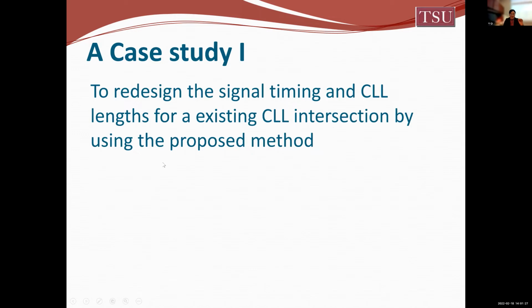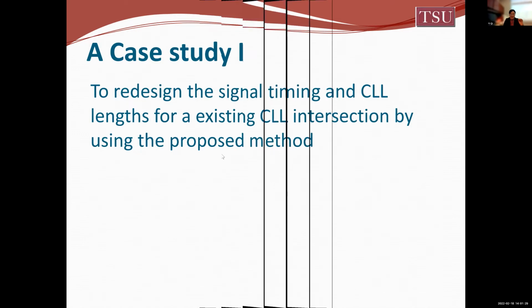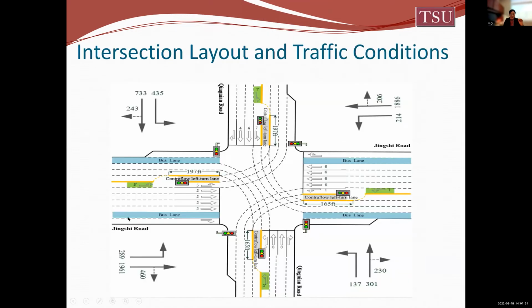This is an existing intersection in China. They already use the control flow left-hand lane, but the traffic condition is quite congested with heavy left-turn traffic. It's also a very complicated situation, with buses, pedestrians, and bicycles.